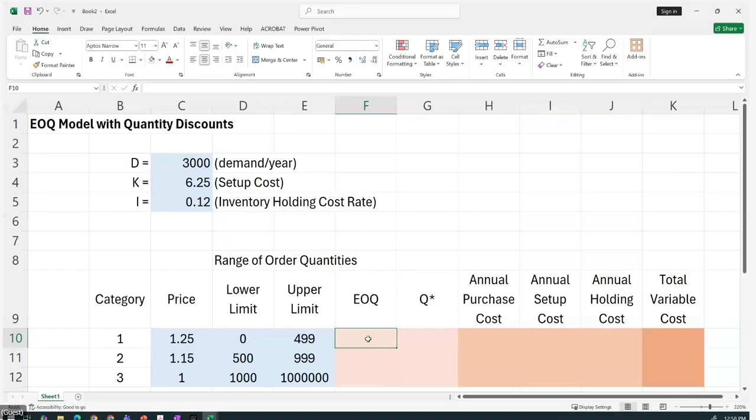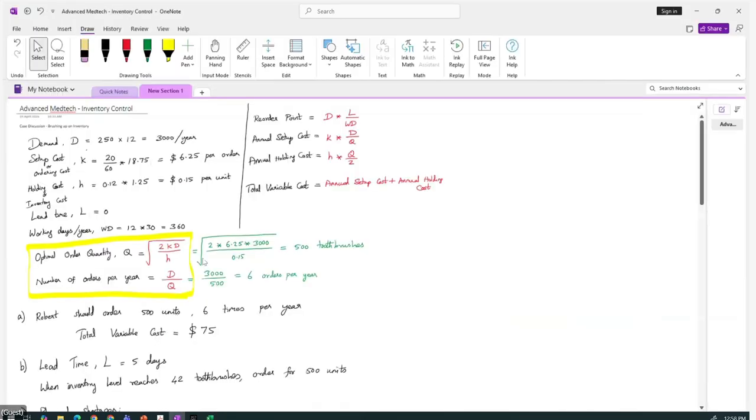What will be the EOQ? Tell me. This is EOQ without shortage, right? So if it is EOQ without shortage, this is going to be my formula, square root of 2KD by H. Okay. What is this H? H is the holding cost. 0.12 into 1.25. What is this 1.25?